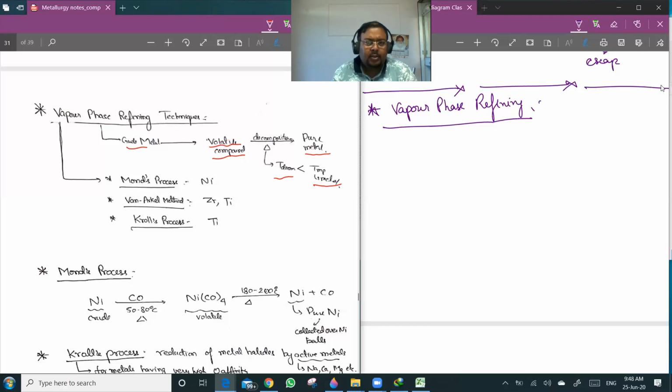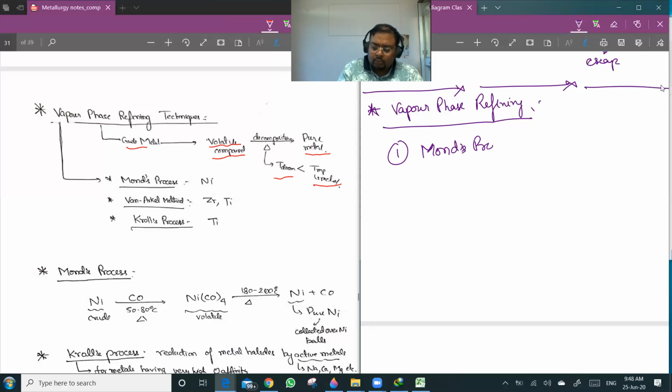There are three important processes here. First is the Mons process, second is the Cross process, and third is the Van Arkel method.